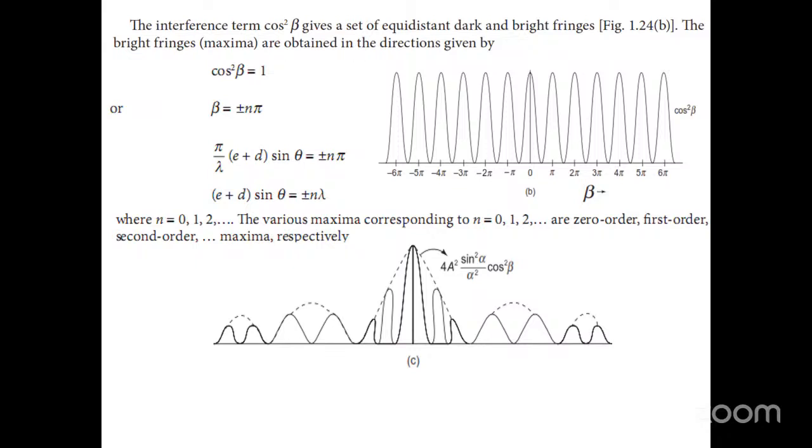This gives you how to find the diffraction pattern and how to draw it. In the pattern, you can express two terms: one is interference, another one is the diffraction term.